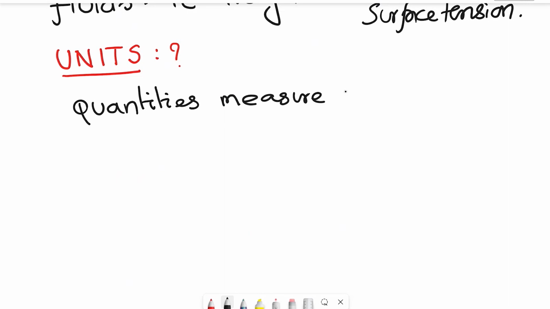Any physical quantity you have to measure, so that's why you need units. Unless you have the units, naturally it is not possible for you to analyze or derive anything.